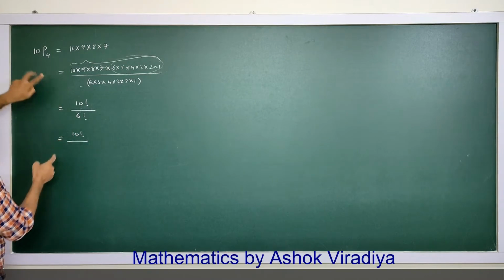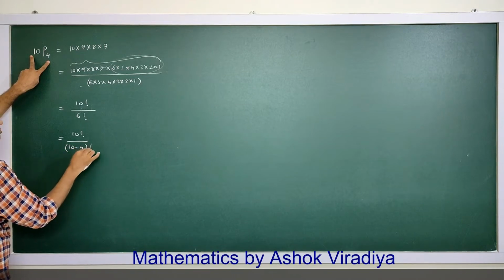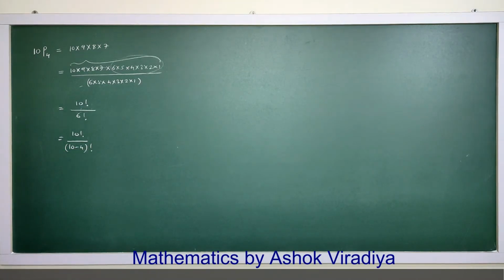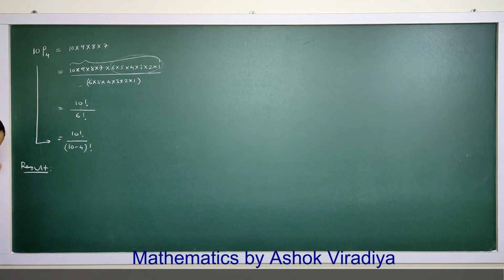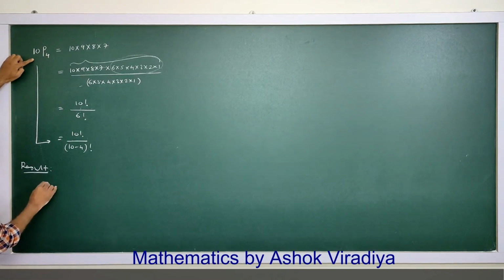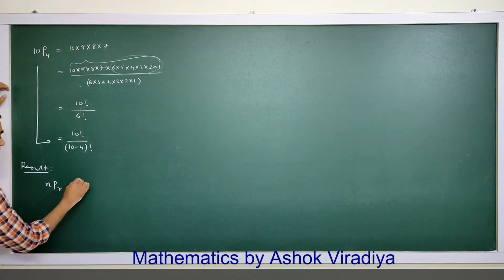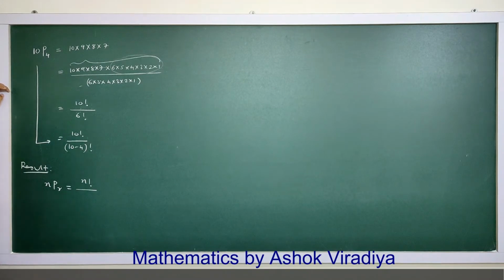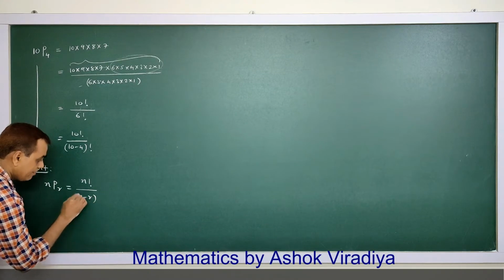And the denominator is the factorial of the difference of these two numbers. So here we are getting the result that nPr is equal to n factorial upon the factorial of the difference of these two numbers. So the difference of these two numbers is n minus r.